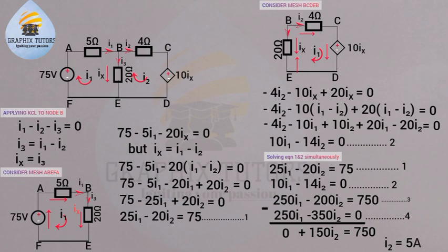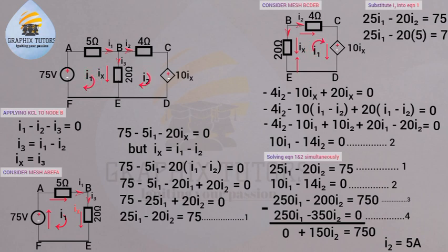Now to get I1, right? To get I1, you are going to substitute I2 into equation 1. When I do that into equation 1, I'm going to be having 25I1 minus 20I2 equals 75. That is my equation 1. Now, if I put the value of I2 in that equation, I'll be having 25I1 minus 20 into bracket I2, which is 5, equals 75.